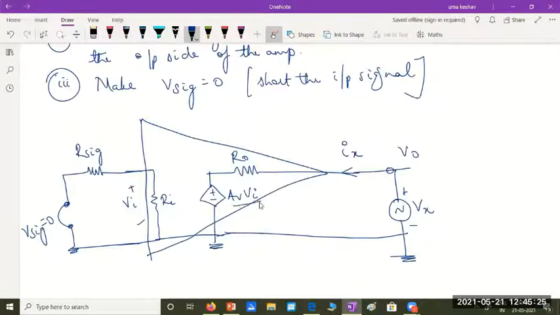And remember, this AV into Vi is representing the voltage gain obtained in the amplifier. So you just can't say it is 0, but in most of the cases, it will turn out to be 0. When we do the analysis, this would turn out to be 0 whenever Vi becomes 0. Okay. So every time in this case, if Vi is going to be 0, naturally this will be 0 and it will be shorted.